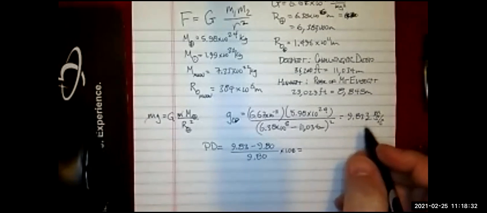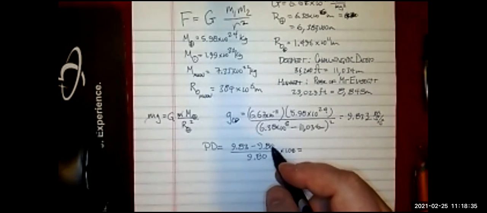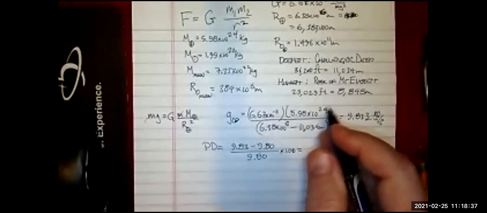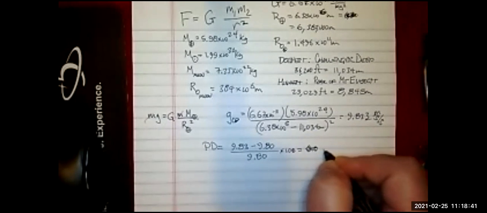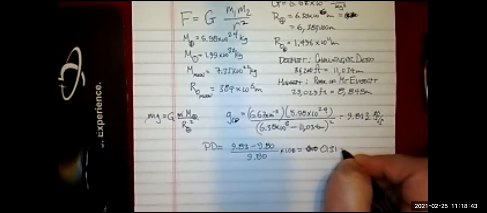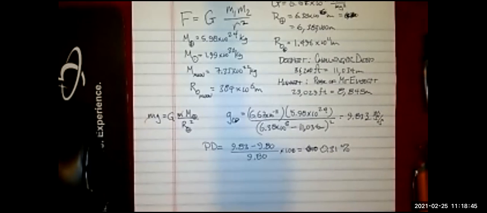And when I do that, I get basically 0.03 divided by 9.8, and that gives me 0.31%. It's actually 0.306, but that's close enough. Okay, so it's not a huge difference in being at the deepest place on the Earth. But yeah, the gravitational acceleration is slightly higher, which means your weight is slightly higher as well.